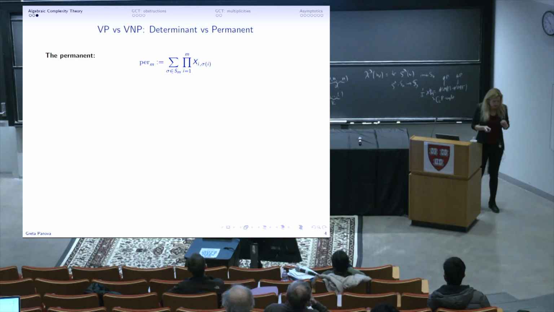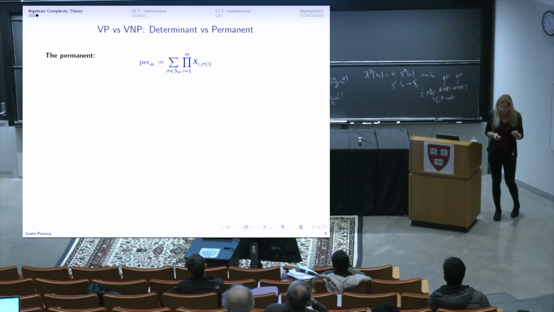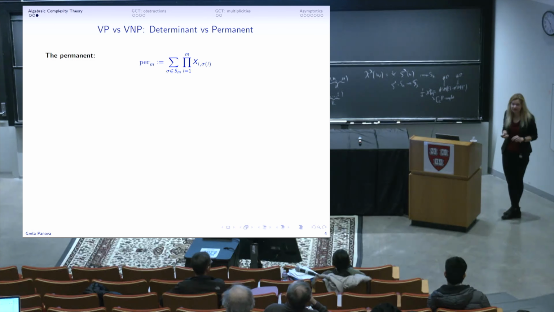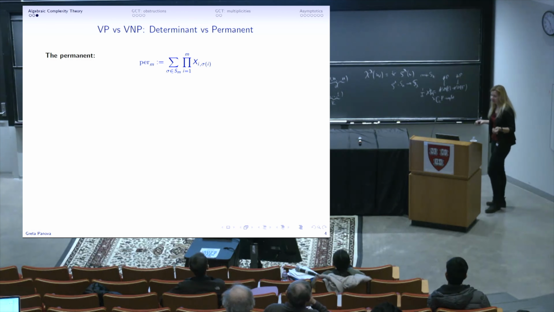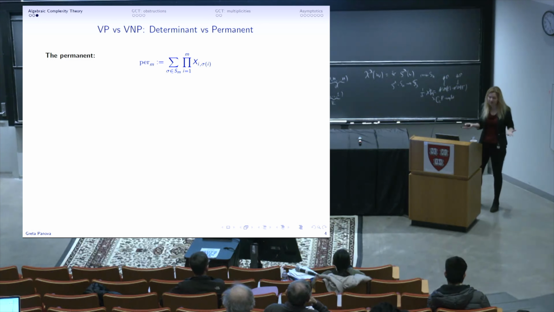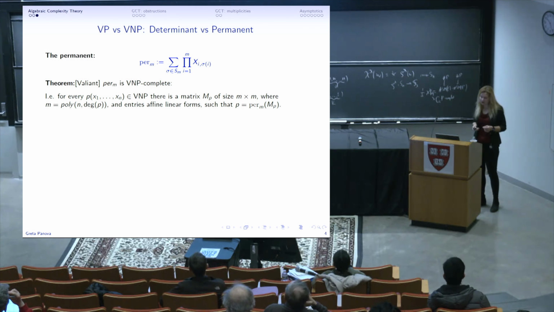Okay, so now the next polynomial is the permanent, which is almost like the determinant, except it's missing the signs. Now there is no more linear algebra, and permanents are pretty nasty to compute. We can see this also because the permanent is VNP complete.